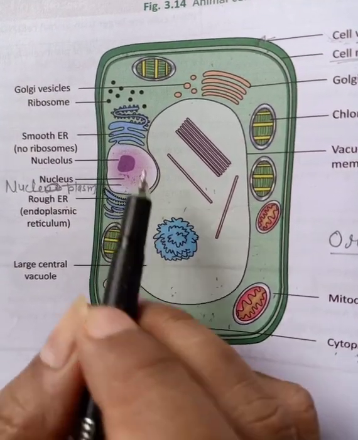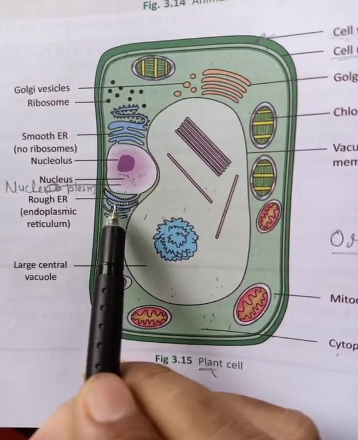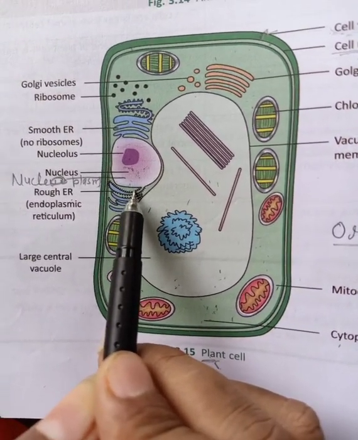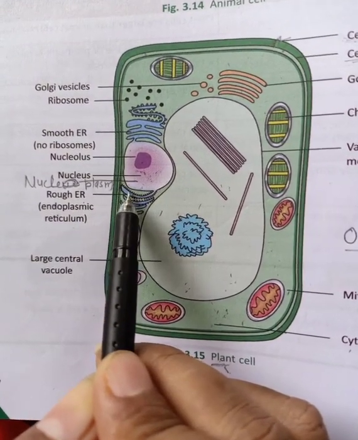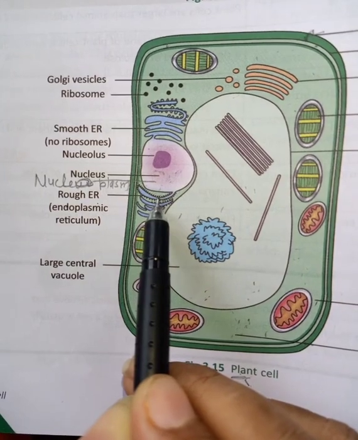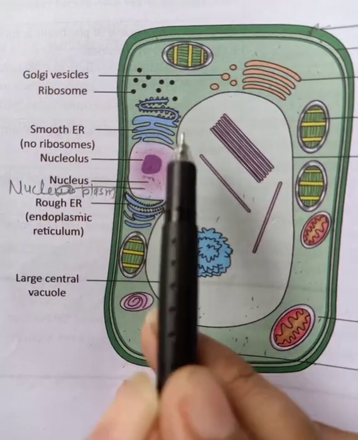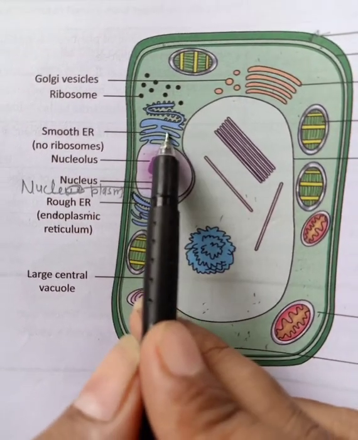Now the endoplasmic reticulum, if we see that side, it is plain. If we see that side, it contains small granules, small dots you can see in that picture. So these are called small granules, and these are the ribosomes. These are present in this figure, but these are absent in that. Why?